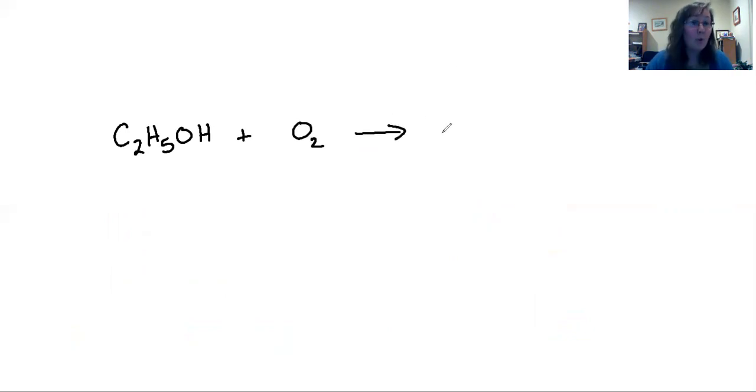In chapter 4, we'll always put the states in, but in this chapter, it's not as much of a big deal. And here we have CO2, carbon dioxide, plus water. So let's say we want to balance this. Now this one is actually significantly more difficult than the other one, in part because you'll see that we have oxygen in every single compound. And so when you're faced with something like this, you have to decide what you're going to balance first.